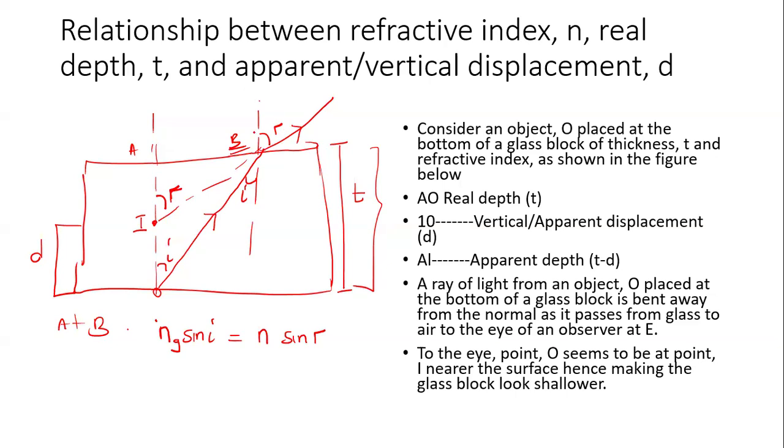If light is moving from glass to air, then N is 1. So I'll have Ng equal to sine of R out of sine of I.